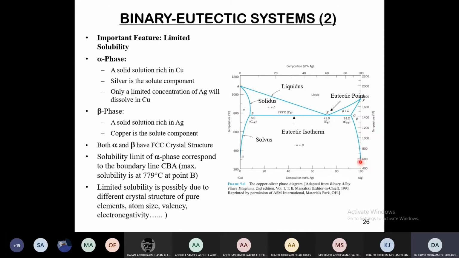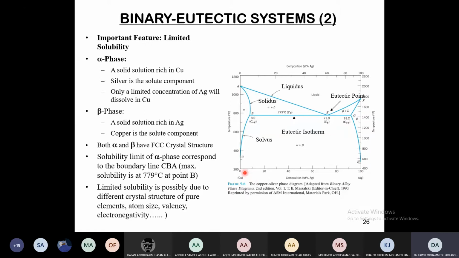And again, here as well, H, G, F, that line there gives the solubility limit for the copper in the silver as a mother material, because in these compositions, the mother material in the beta phase is basically the silver. The biggest amount, or let's call it the solvent, is the silver, and the solute in the beta solid solution will be the copper. So that represents the solubility.